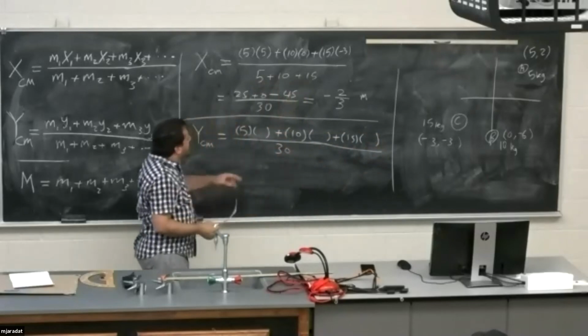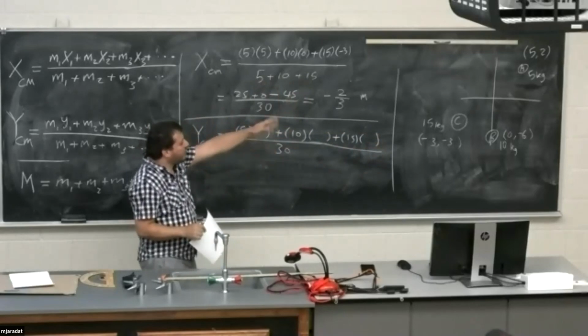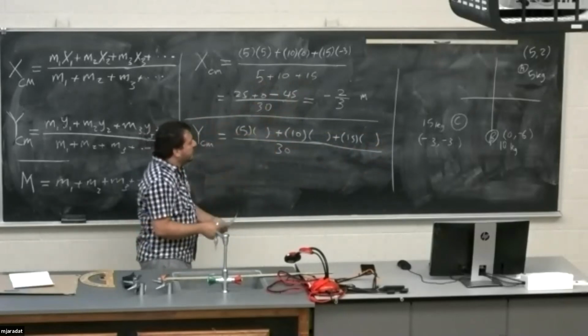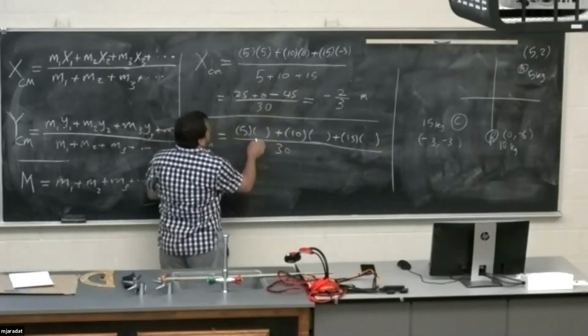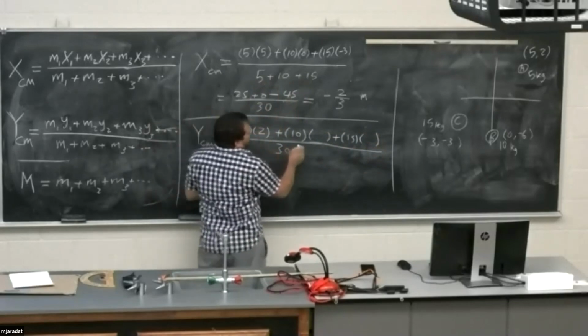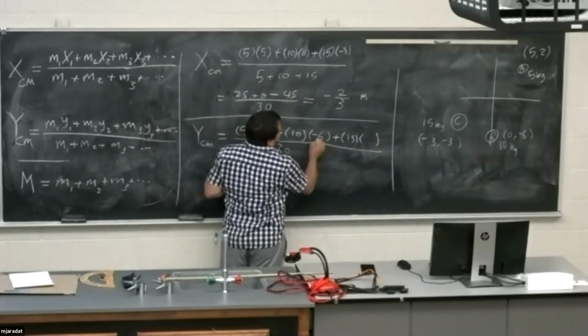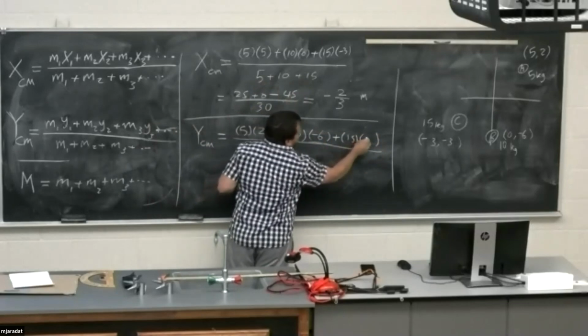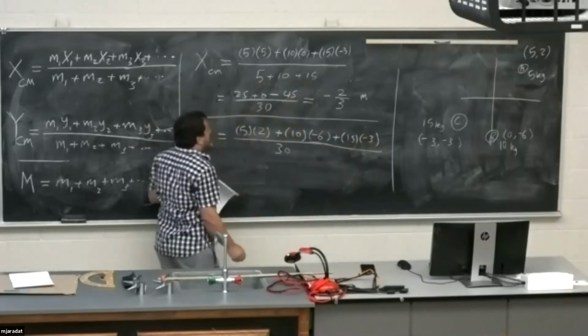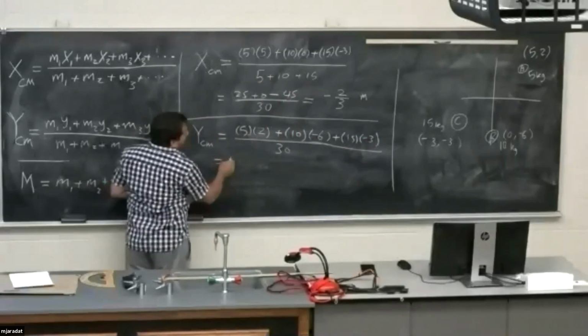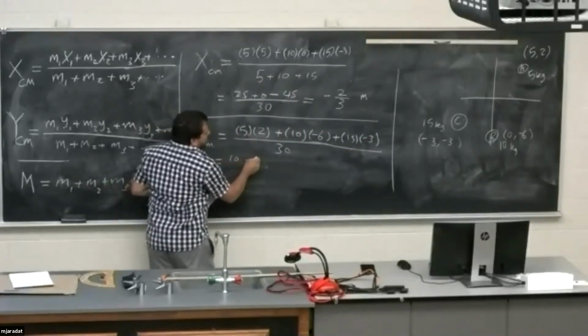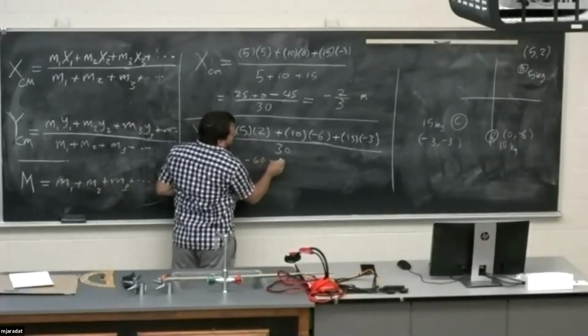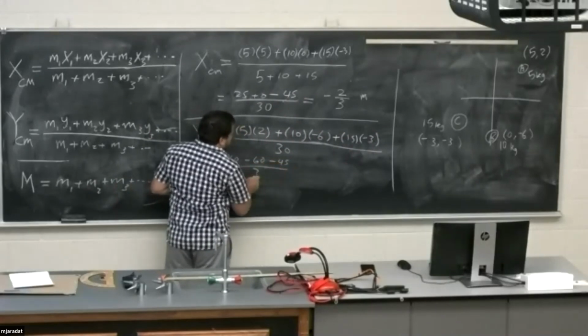I use everything, but I need to use now the Y direction for the Y position for each one of them. For A, it is 2. For B, it is negative 6. For this C, which is negative 3. This will be equal to 10, negative 60, negative 45 over 30.